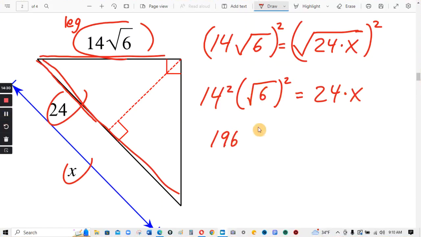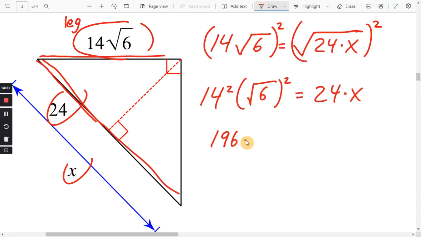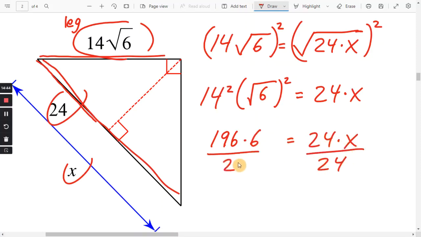Radical 6 squared, you just remove the square root. And that equals 24 times X. Solving for X, the opposite of times 24 is divided by 24. It cancels here. And 196 times 6 divided by 24 is going to equal 49.